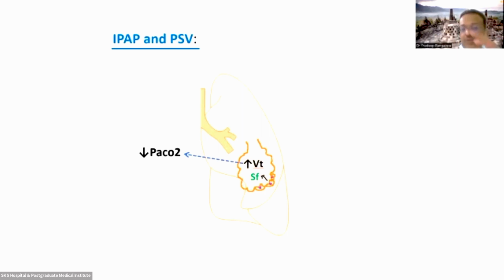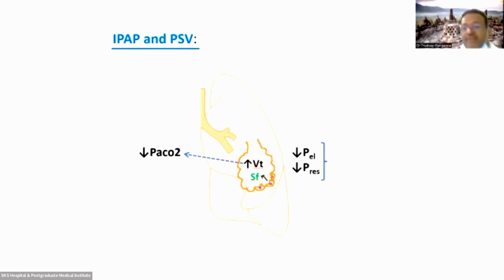That's why it's called bi-level positive airway pressure. And this is also shown to improve the surfactant production by the alveolar pneumocytes. By giving IPAP, it will reduce the elastic pressure and the resistive pressure comes down. Because we saw in the previous slide, the pressure support or the CPAP that you give tends to overcome the resistive pressure and the threshold pressure.